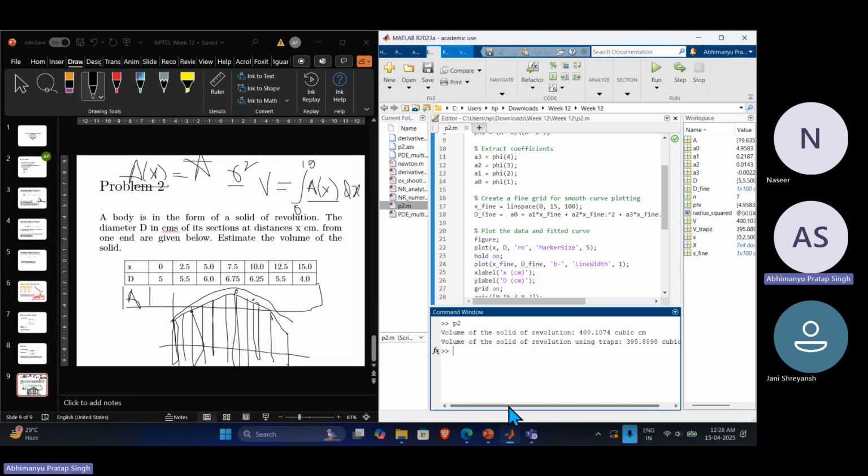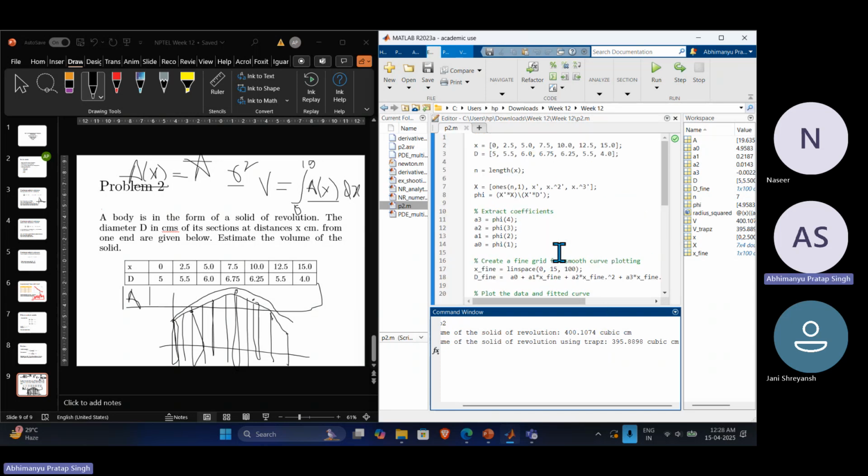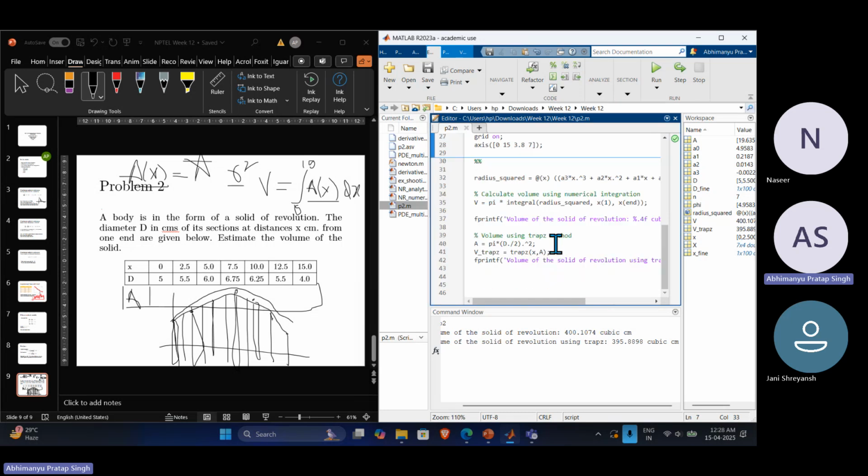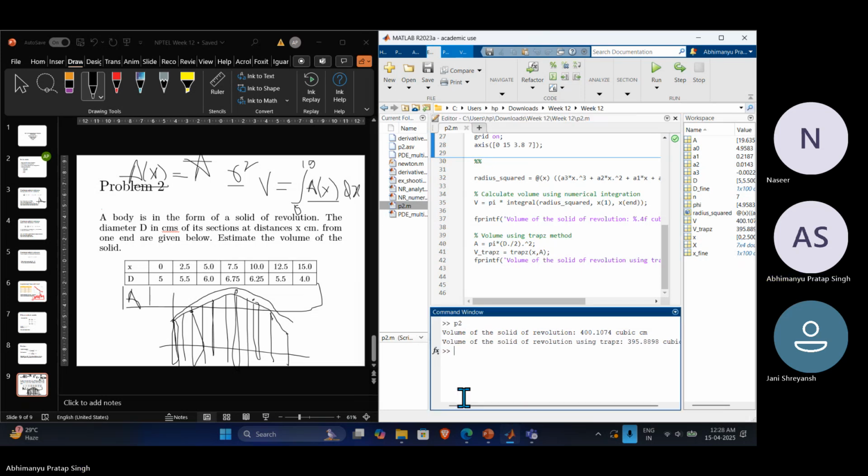Using solid of revolution, we get a volume of 400.1074, and using the trapezoid method, we get a volume of 395.8898. We can also fit a second order curve and see what value we are getting. Also, we can do the same thing using Simpson's 1/3 or 3/8 rule to get an estimate of the volume.